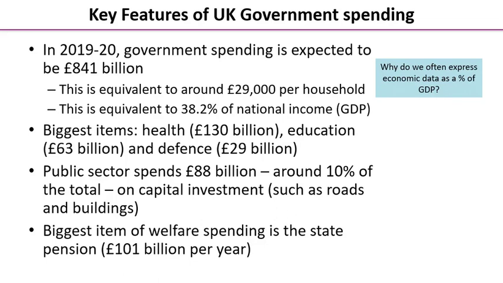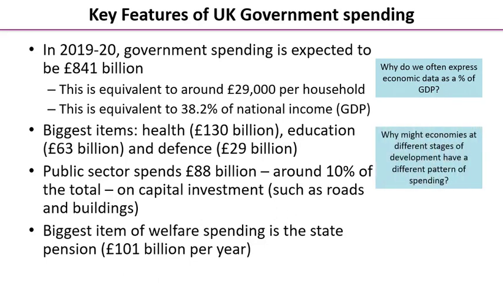The next two bullet points there, looking at the biggest items of spending, health, education and defence, and the amount on capital investment, which is around 10% of the total. One thing to think about here might be why economies at different stages of development might have a different pattern of spending. Now, in the UK, we are a developed economy. Most people in the country have access to basic necessities.